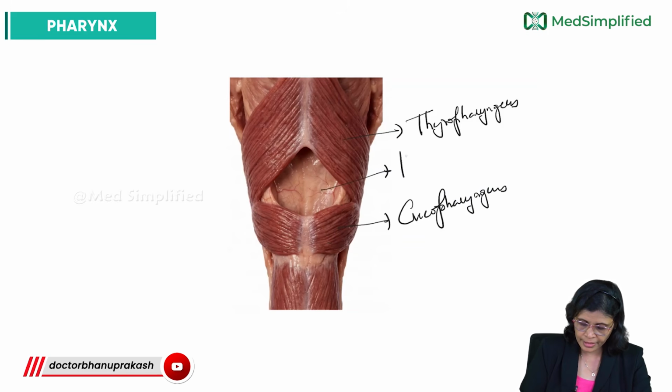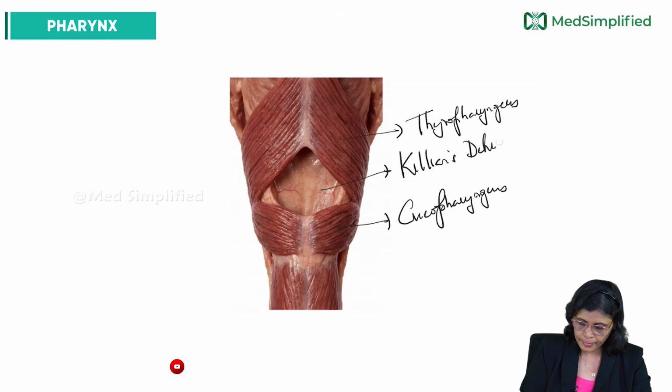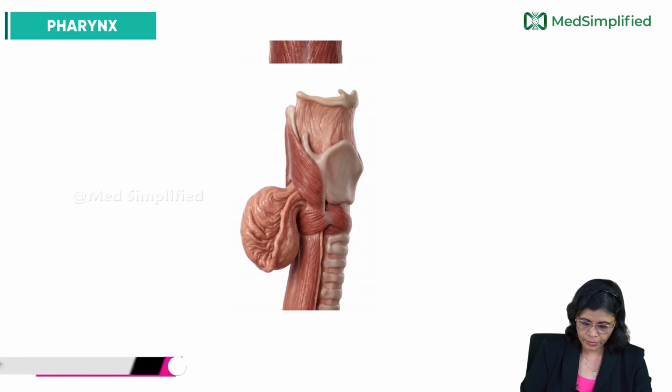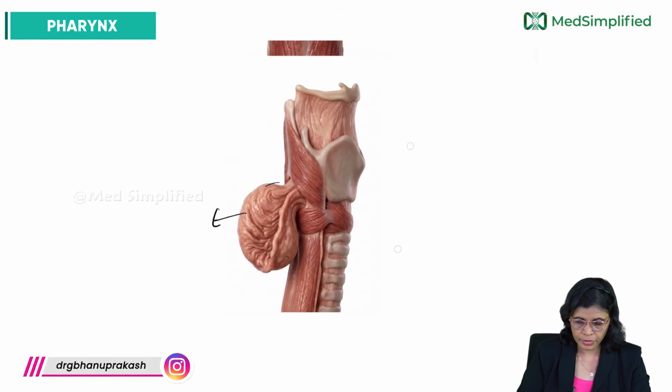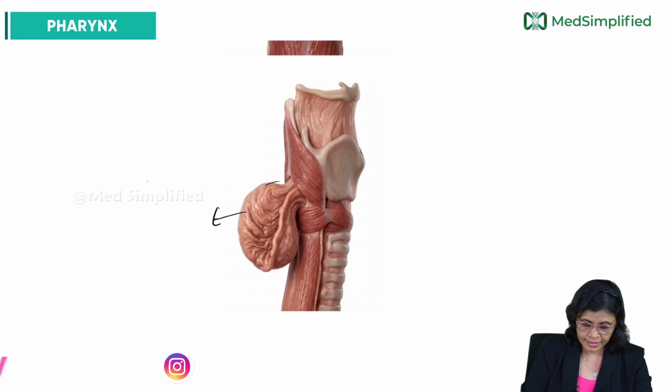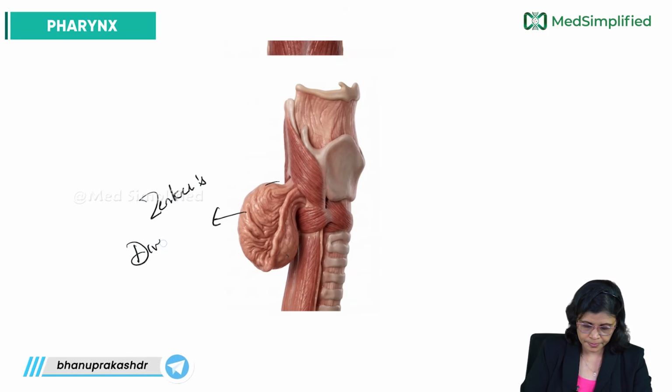This gap is the Killian dehiscence. When the mucous membrane bulges through that gap, the Killian dehiscence, we call it the Zenker's diverticulum.